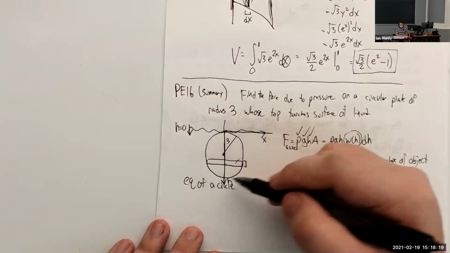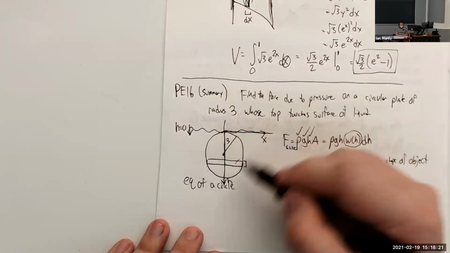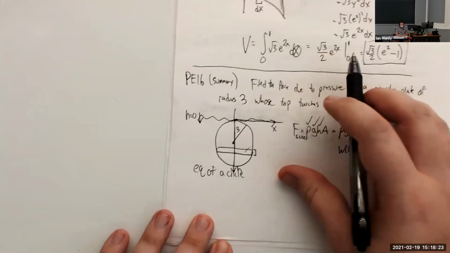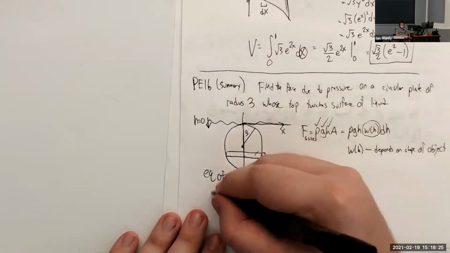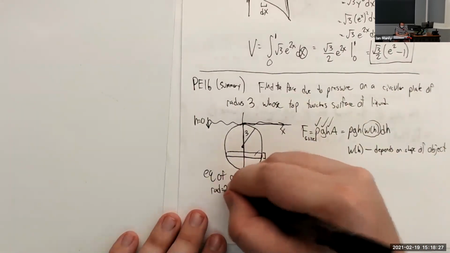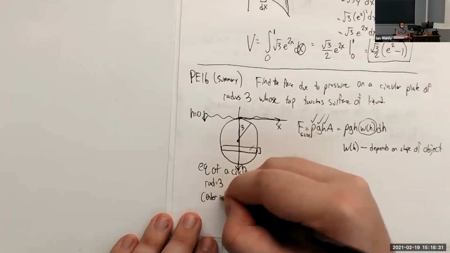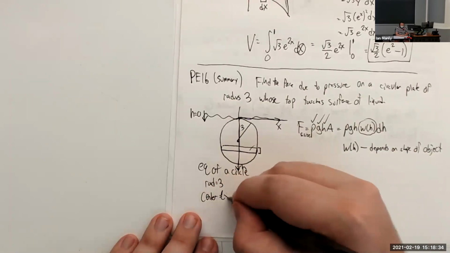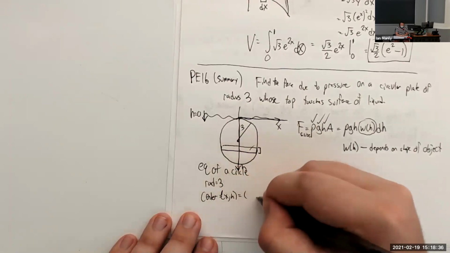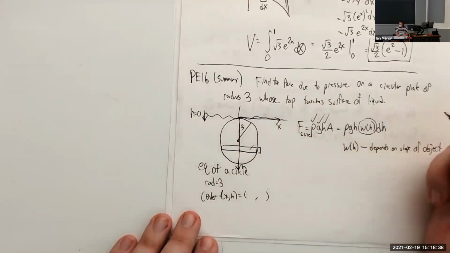Now I want the equation of this circle with x and h. So this is a circle of radius 3, right? So the radius is 3. Now, in terms of x and h, what is the center of this circle going to be?